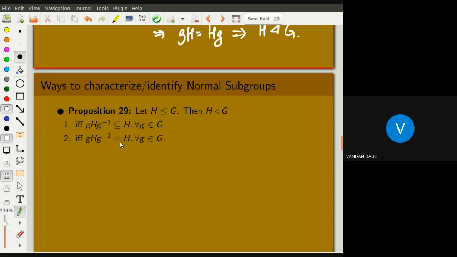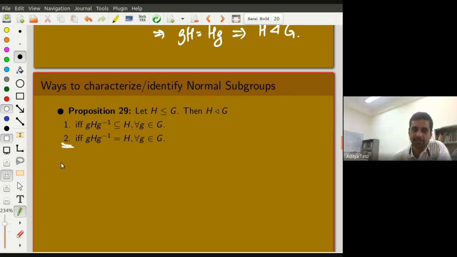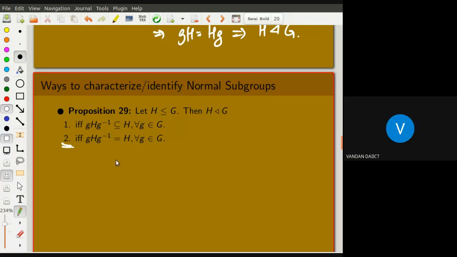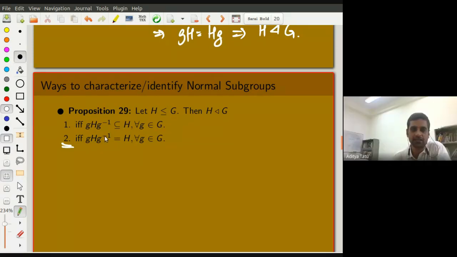So if I want to show the second result, what do I need to show? Both are subsets of each other. GHG inverse, we have already shown that it is a subset of H. So what do I need to show?